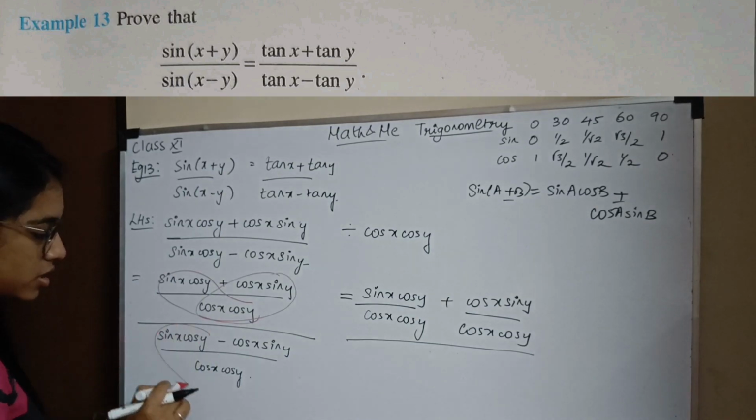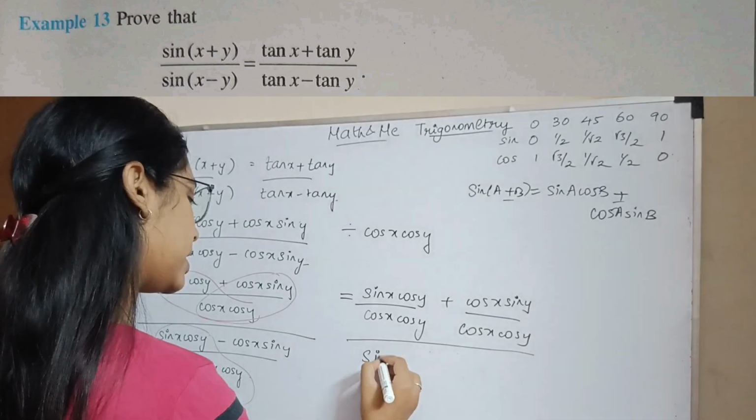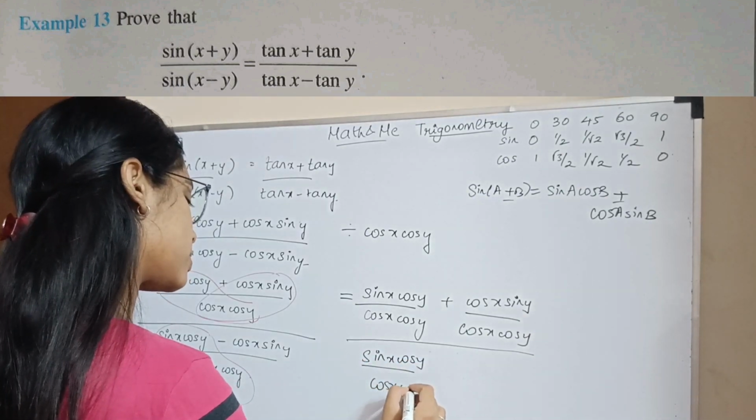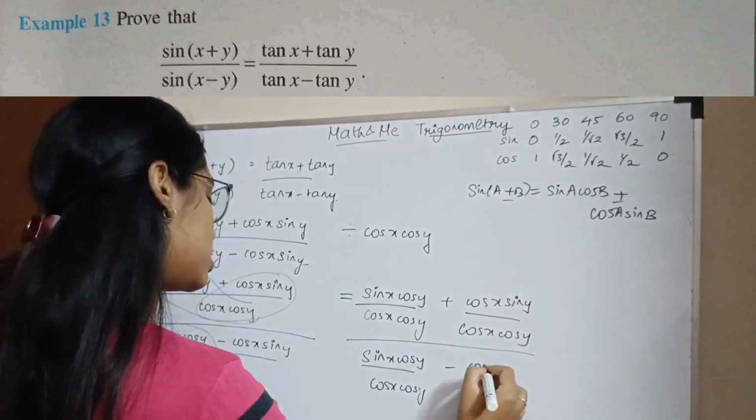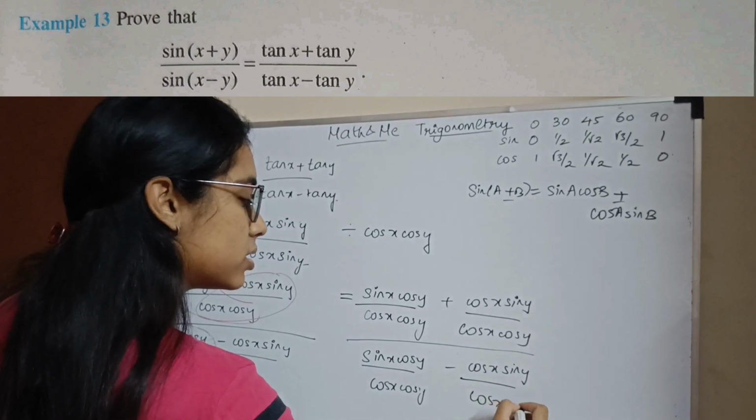So, sin x cos y minus cos x sin y. So, in the denominator I will have sin x cos y divided by cos x cos y minus cos x sin y divided by cos x cos y.